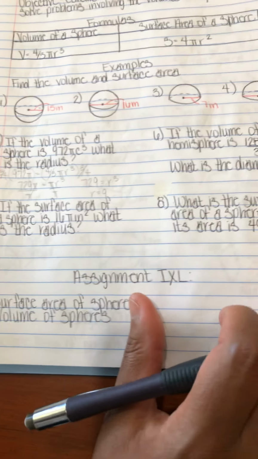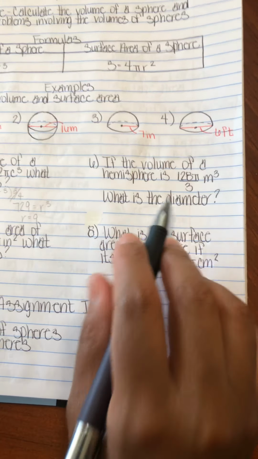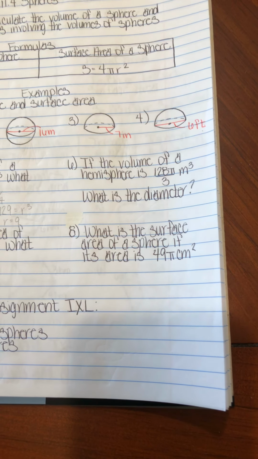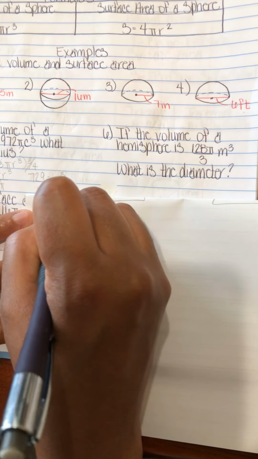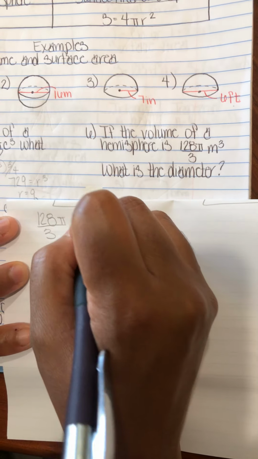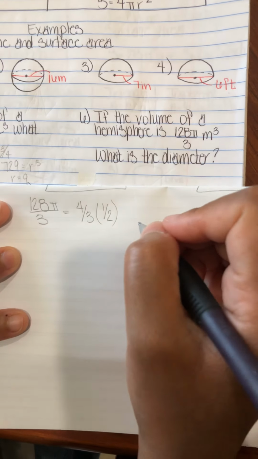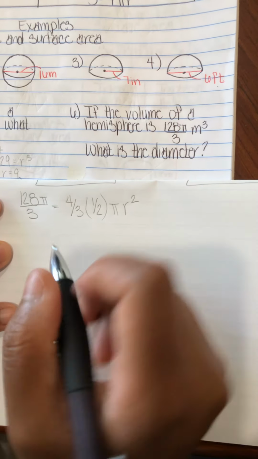Now for number 6, it's asking for us for the diameter. So I'm going to go back to my paper. And I know that I'm looking at the volume for a hemisphere. So volume for a hemisphere is 128 pi over 3 is equal to 4 over 3 times 1/2, because remember, hemisphere means half of a sphere, pi r squared.